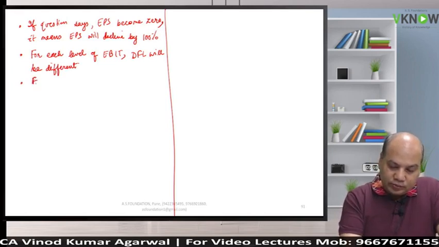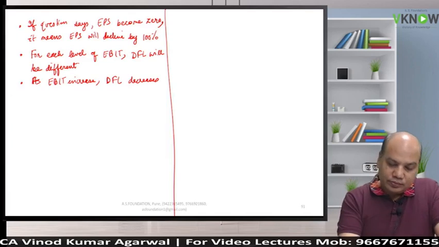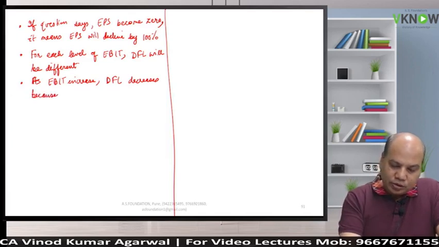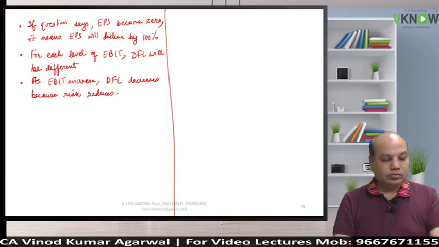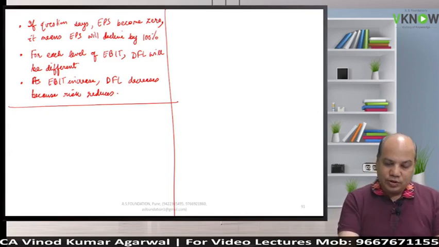Then write down, as EBIT increases, DFL decreases because risk reduces. So this was about financial leverage.